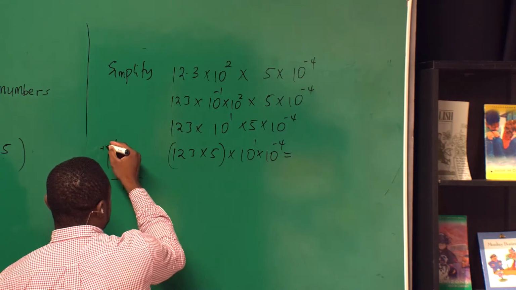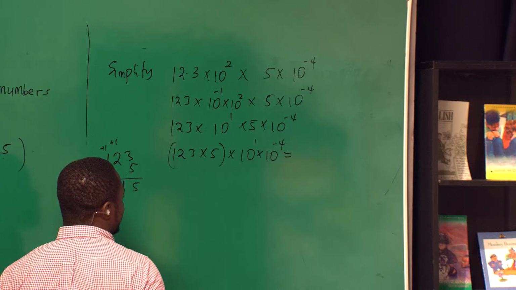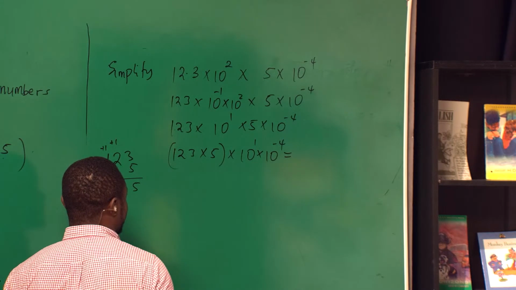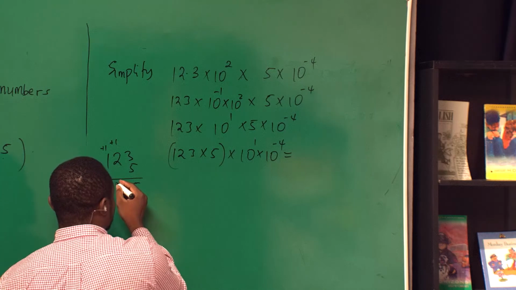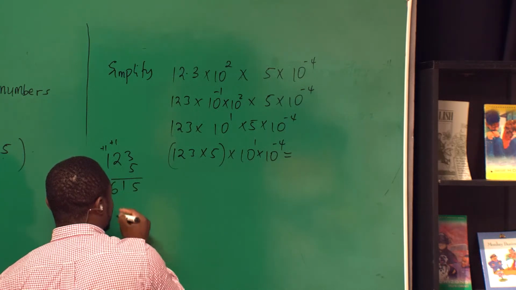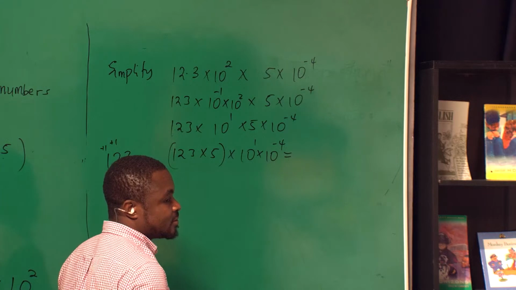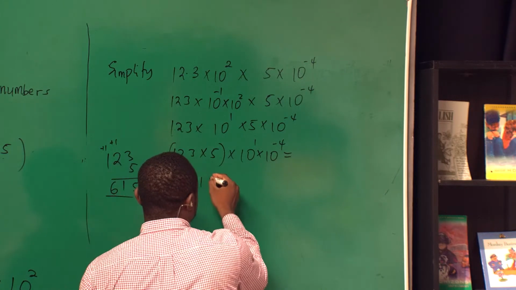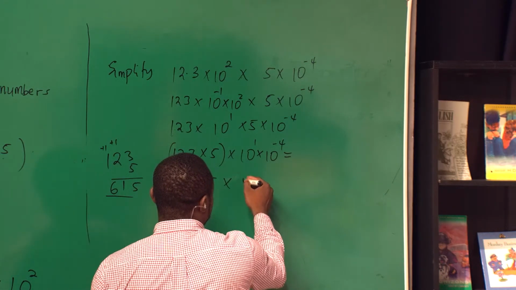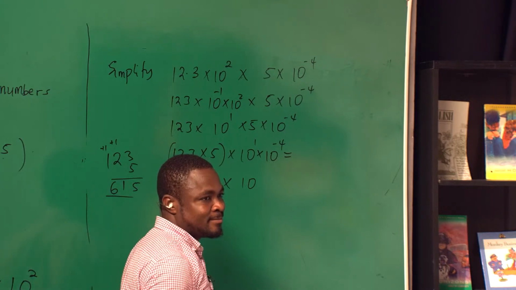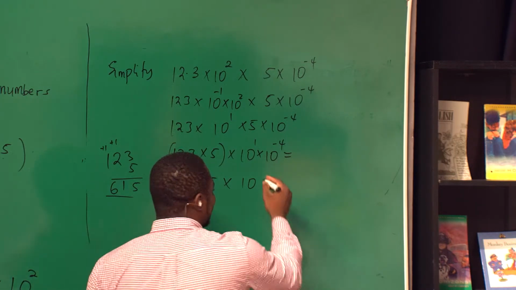Write 1, carry 1. 5 times 1 is 5, plus 1 is 6. So you have what? 615. You have 615 times 10 exponent what? Negative 3. That's good.